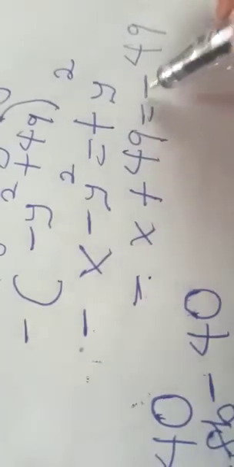Minus times minus will give you plus y square. Now minus times plus 49, that will give you minus 49. Why? Because minus times plus will give you minus.